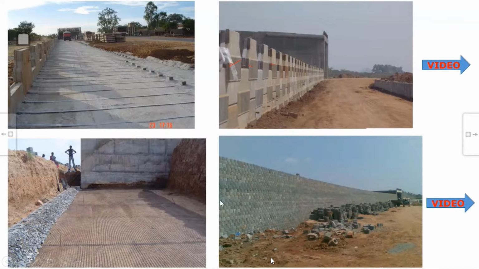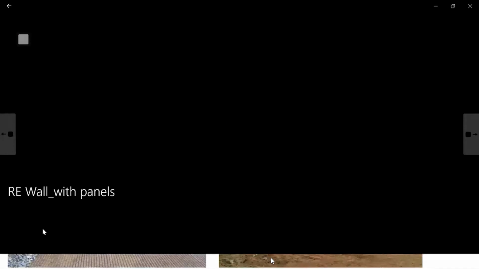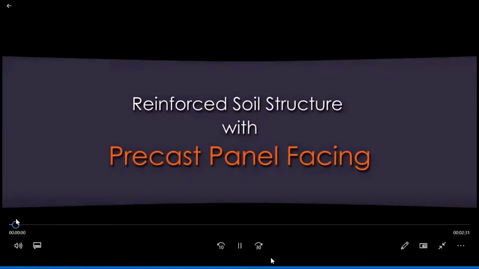I will show you videos of both, and that will give you a very good idea about how construction of these types of structures is done. So first, using incremental panel, you are able to see the video.